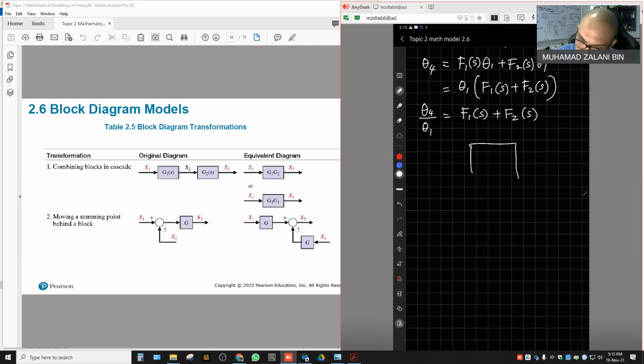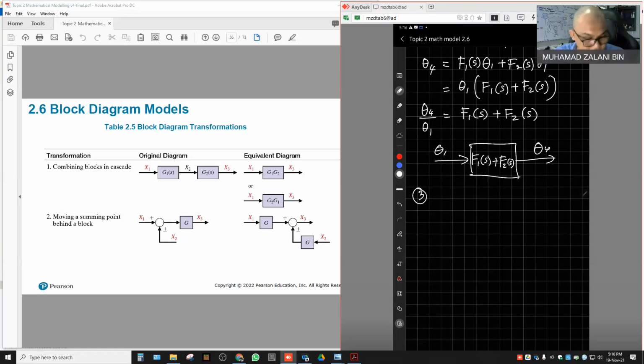So I have this block, input and output. Output is theta 4, input is theta 1. So what is inside the block is F1S plus F2S. Okay. So that is the proof of the parallel block.